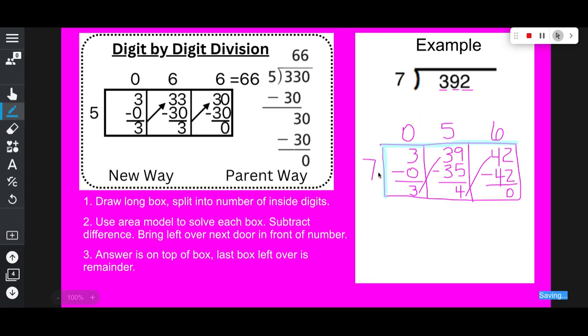I check, cheese. 0 is smaller than 7. And I bring down, or remainder, which I had 0. I have nothing else left. So that gives me my answer. And my answer is on the top, just like it would be in long division, the parent method. So we get an answer of 56.